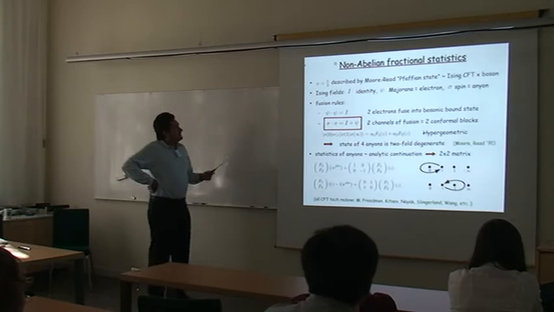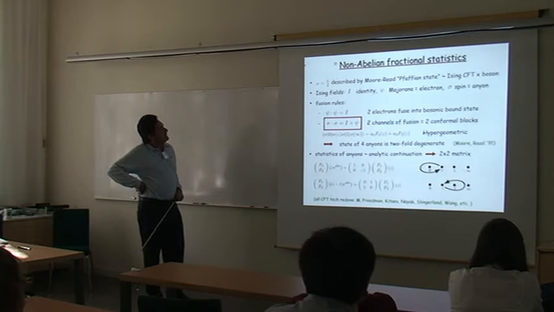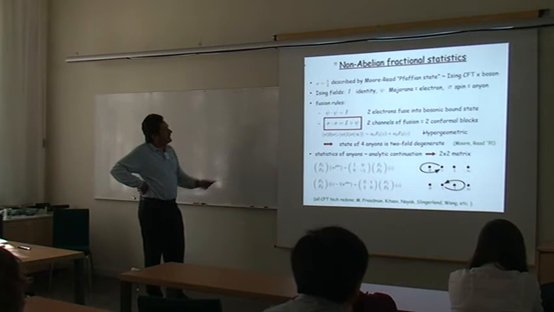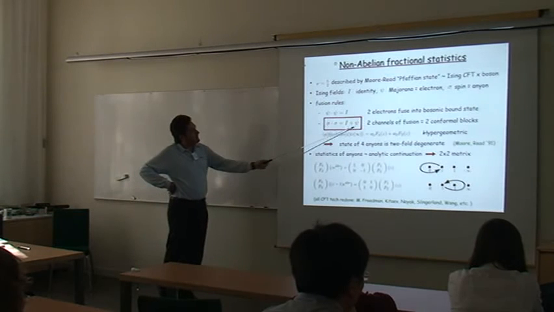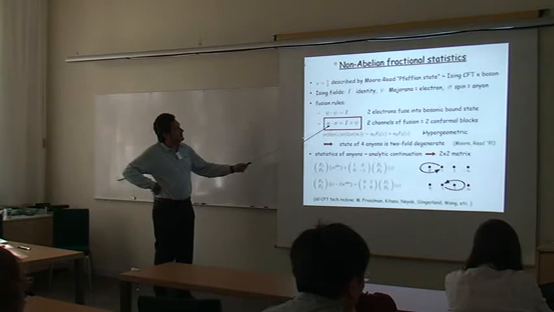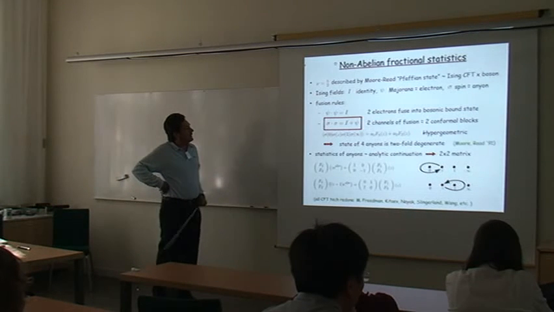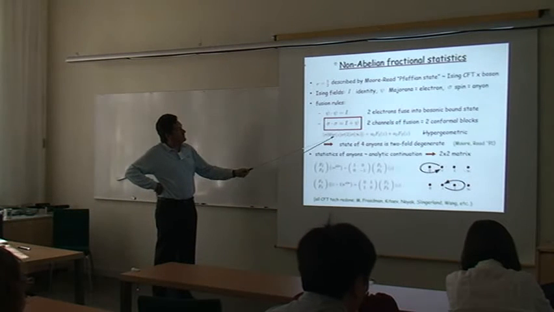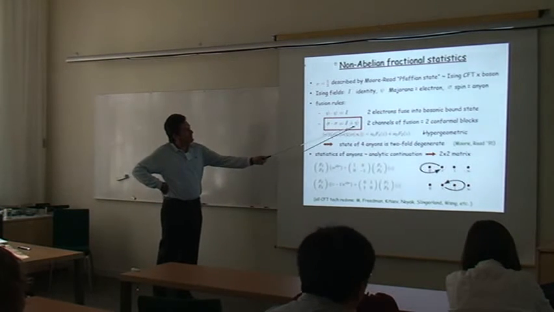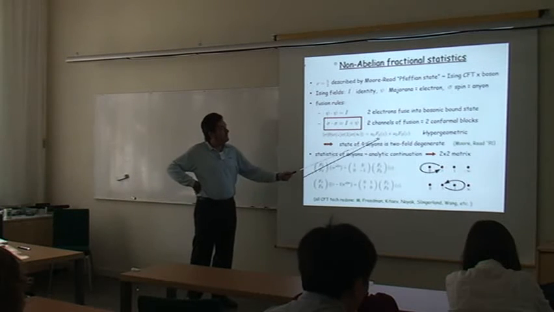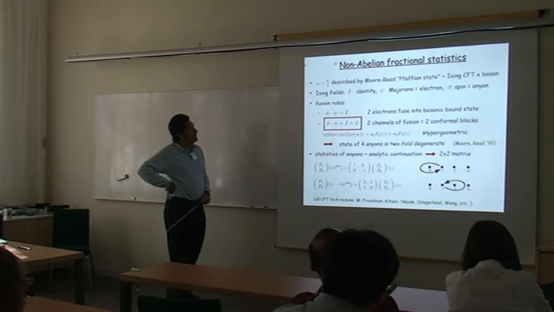Probably you all know this, but let's go through it rapidly. The point is that in these Ising fields there are fusion rules that involve more than one term on the right, and so you have two channels in which these two fields can fuse. If you have a four-point function, you can fuse the first two, and then you have two possible intermediate channels corresponding to two independent pieces of this function.